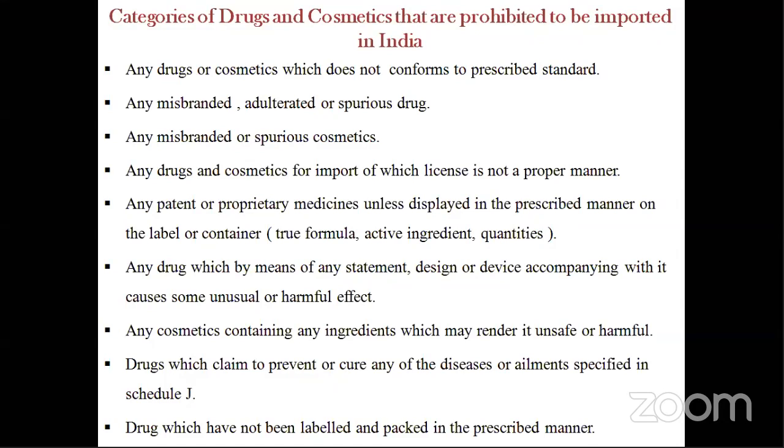But when they send the bulk amount of sample to the importer country, it does not fulfill the criteria. So what happened? This is not under the standard quality of product. So these types of product are not allowed to be imported into India. So you have to fulfill the prescribed standard product. And this product is cross-verified by the custom collector and they resend it to the exporter country.